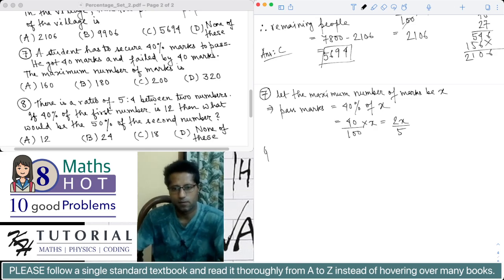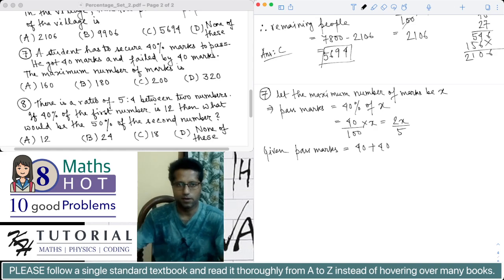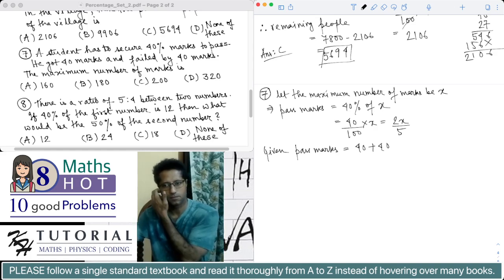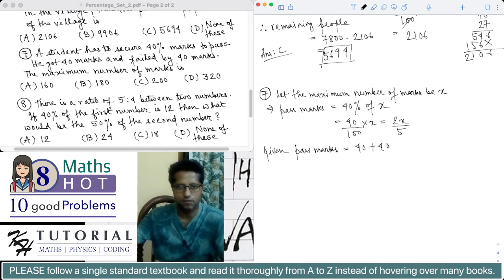So the pass marks has to be equal to 40 plus 40, because the student got 40 marks and he was short of another 40 marks to pass.